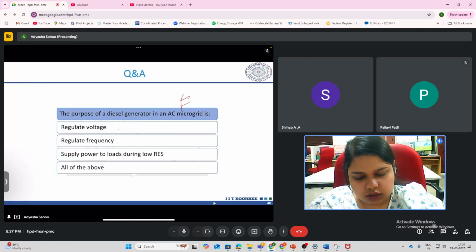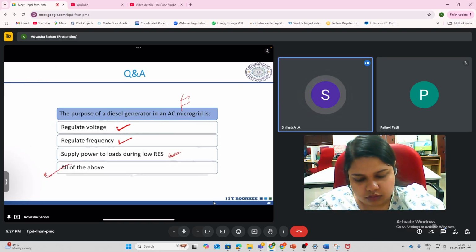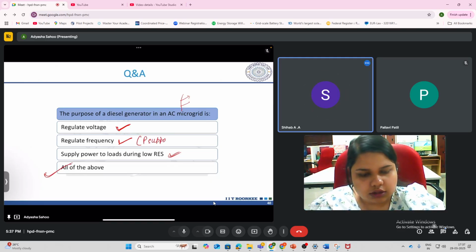So basically, it can regulate the voltage in both grid connected and islanded mode. It can regulate the frequency in islanded mode. It can also supply power during low renewable. So it is all of the above.